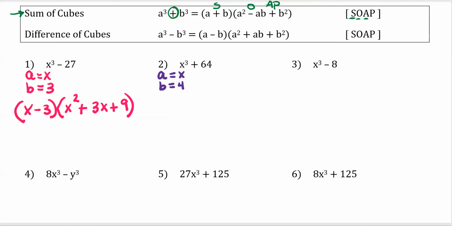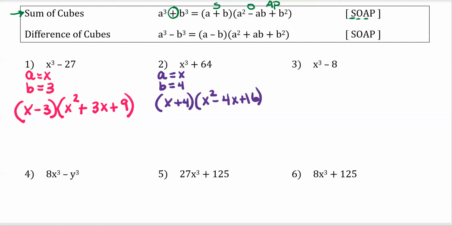We have everything we need. First factor is going to be x plus 4, same sign that's in the problem. A squared would be x squared. A times b would be 4x. 4 times 4 is 16. Your signs are same, opposite, always positive. It is factored. Let's move on.